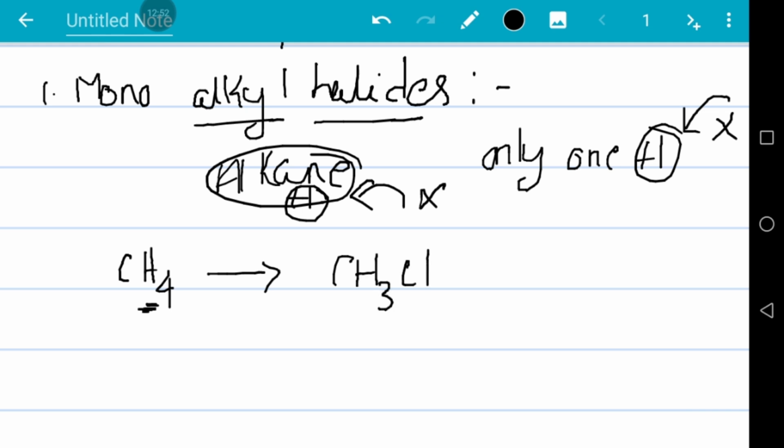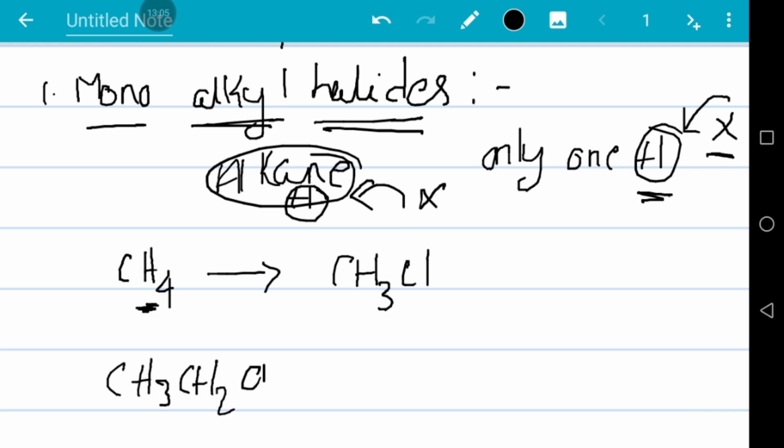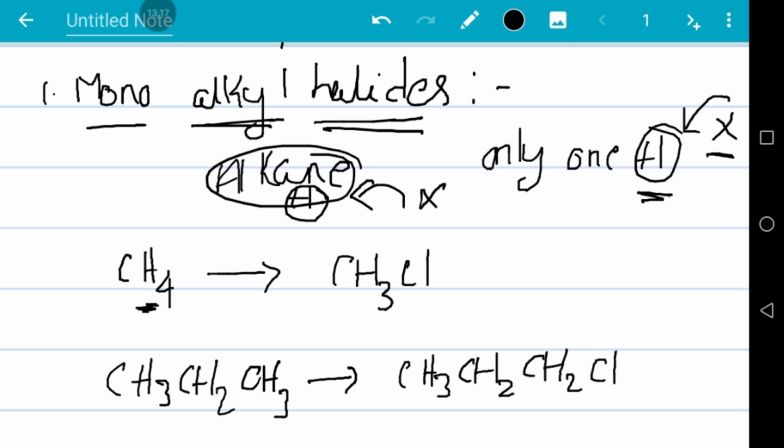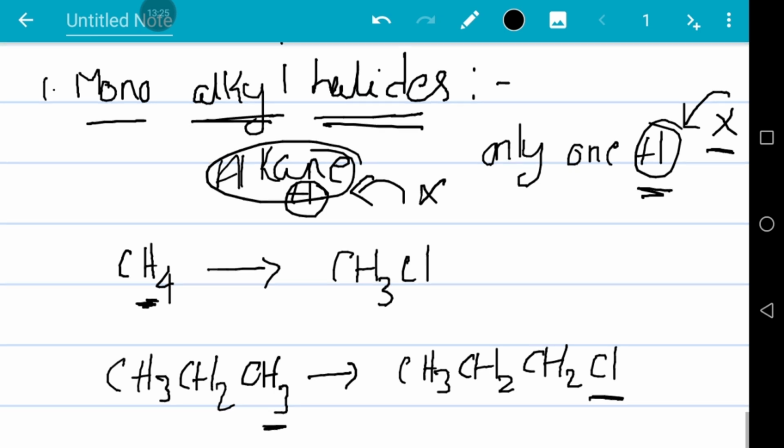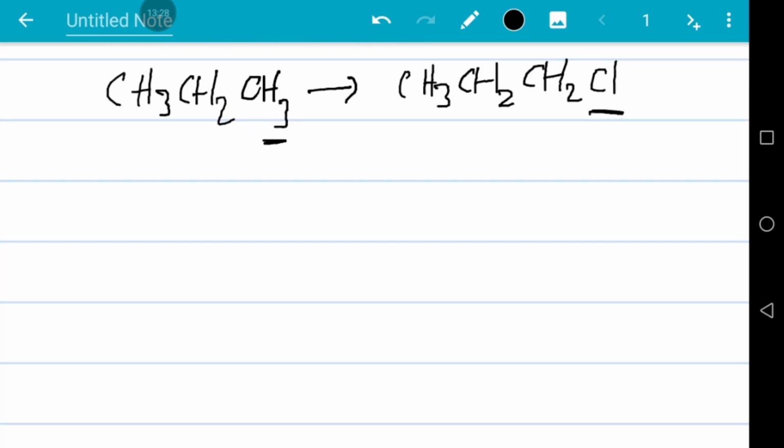Only one hydrogen is replaced, so these are the monoalkyl halides. For example, CH3CH2CH3: here one hydrogen is replaced, then CH3CH2CH2Cl. So this is one example of a monoalkyl halide. Means only one hydrogen of the alkane is replaced by a halogen, then it is called monoalkyl halides.